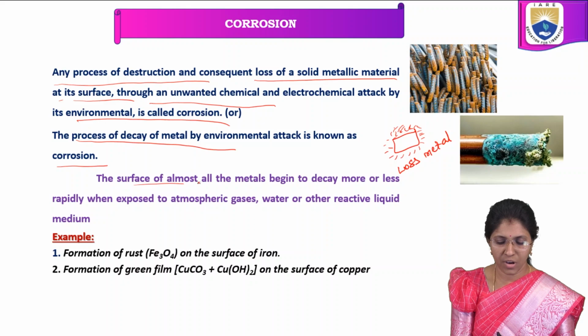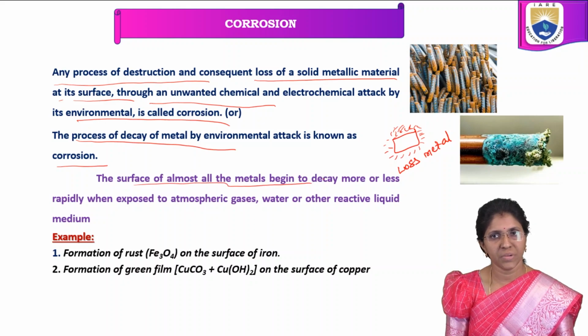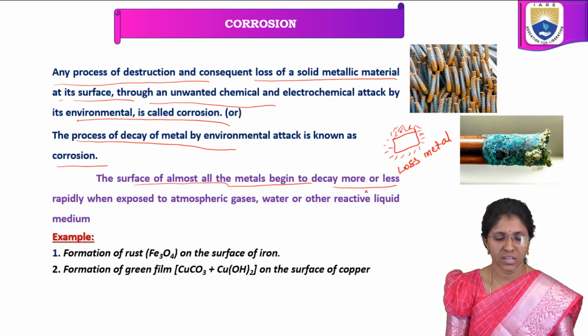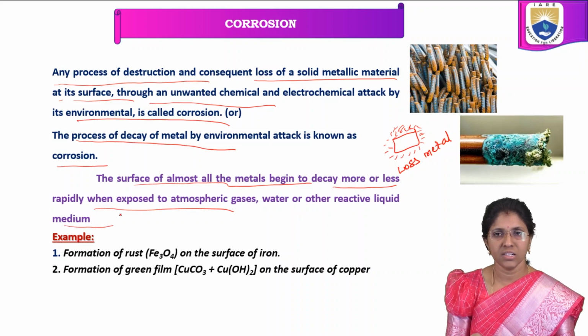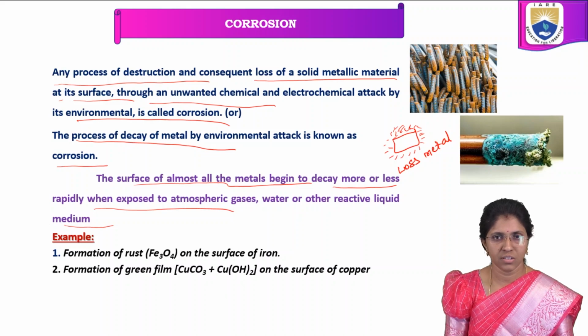So the surface of almost all metals begins to decay more or less rapidly when exposed to atmospheric gases or other liquid mediums. So almost all metals can undergo corrosion in presence of atmospheric gases and liquids.